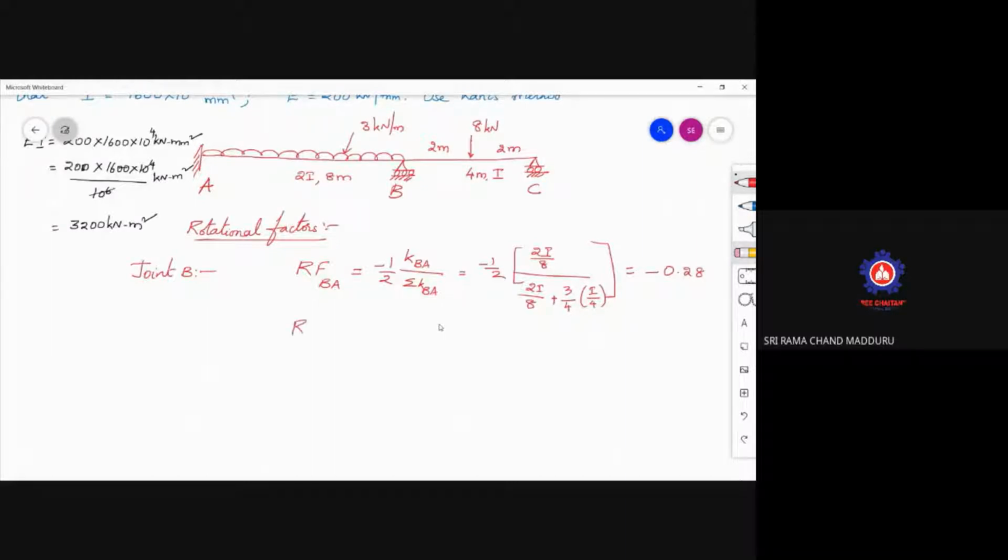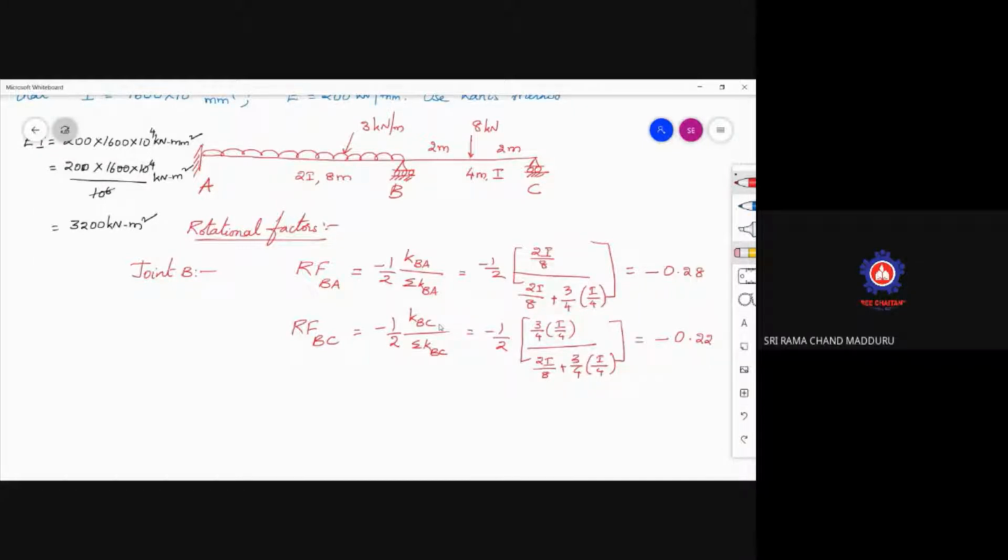Whereas for BC, minus half of KBC by sigma K. So KBC is nothing but, as we have already written, 3/4 of I by 4, by 2I by 8 plus 3/4 of I by 4, which is minus 0.22.